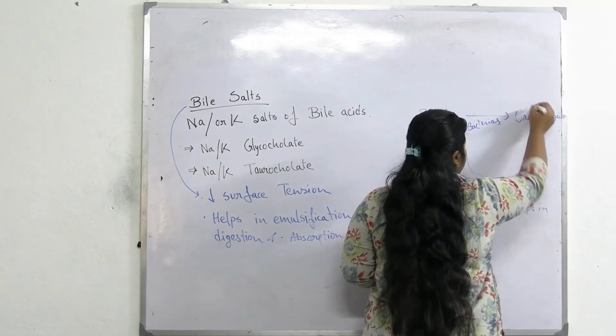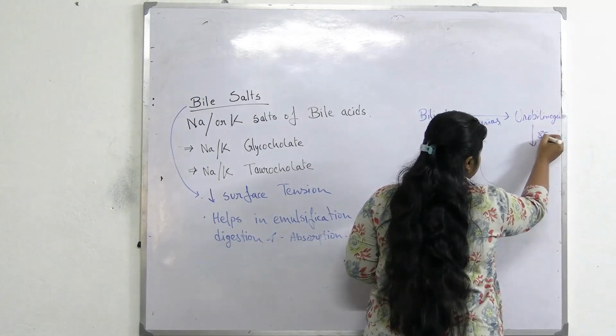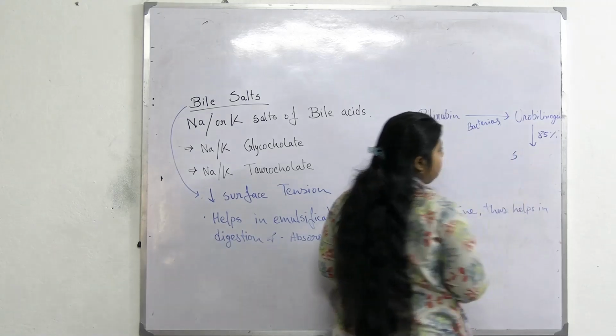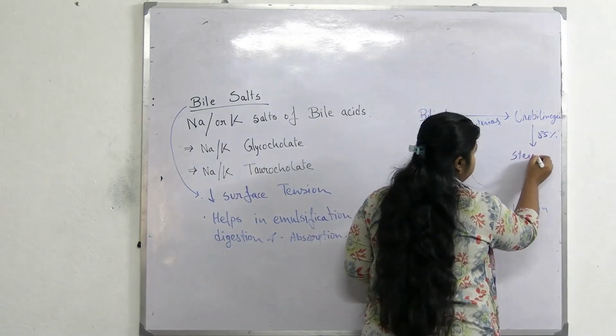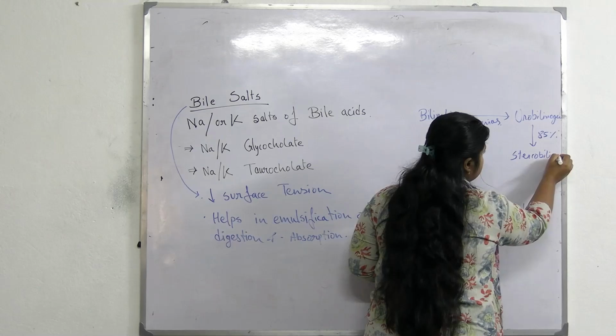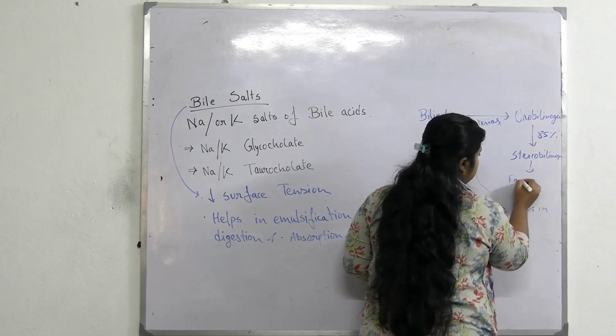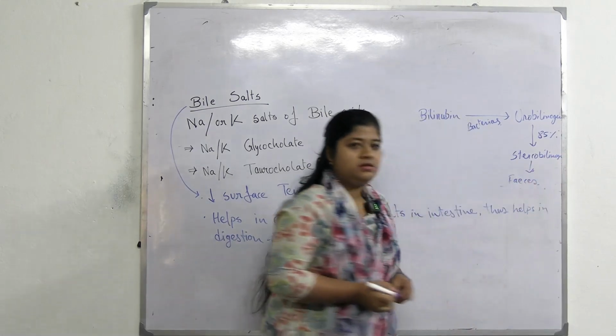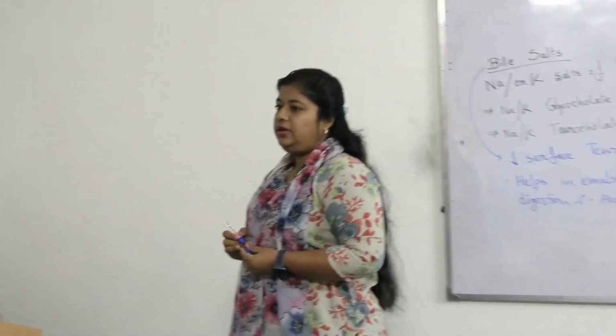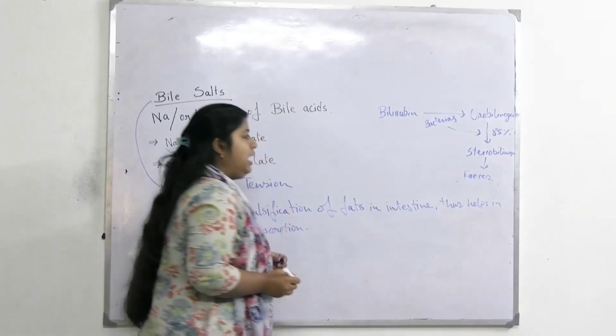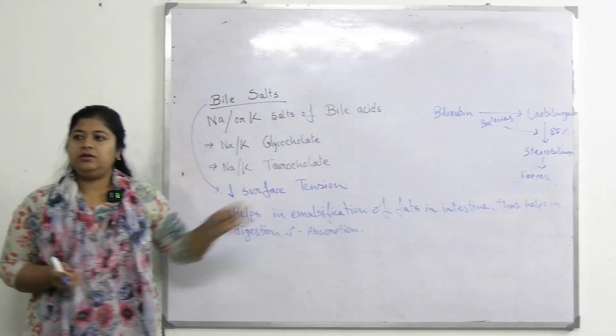Of the urobilinogen, 80 to 85% is further converted into stercobilinogen and excreted in feces. So 85% of urobilinogen is converted into stercobilinogen again by gut bacteria, and it is excreted with feces and gives the yellowish brown color to the feces.